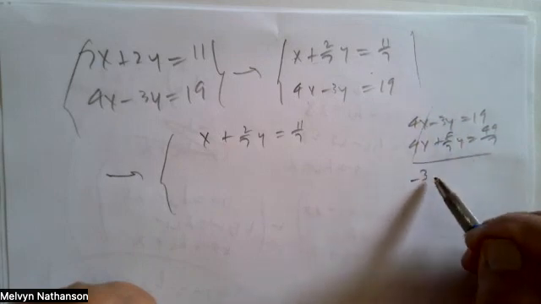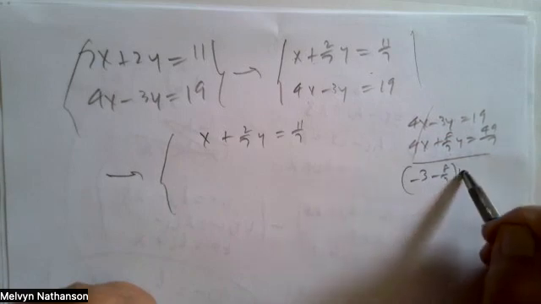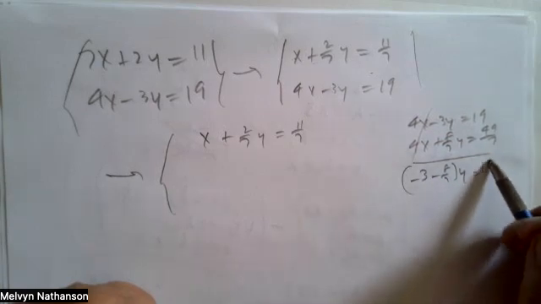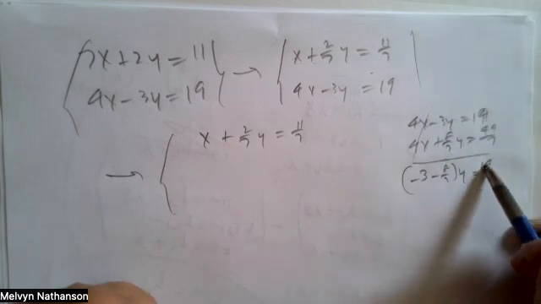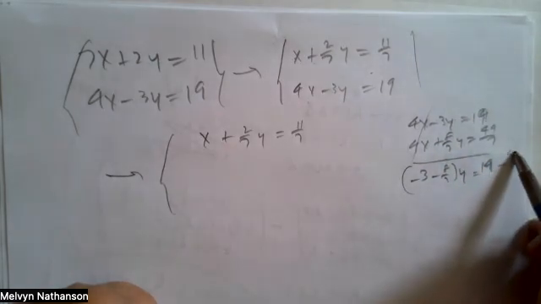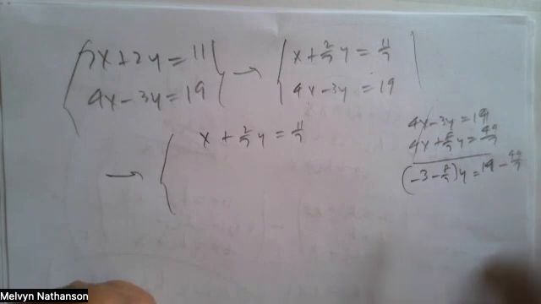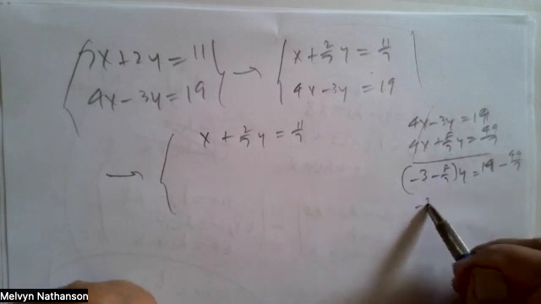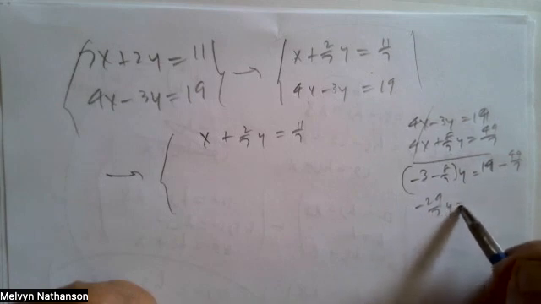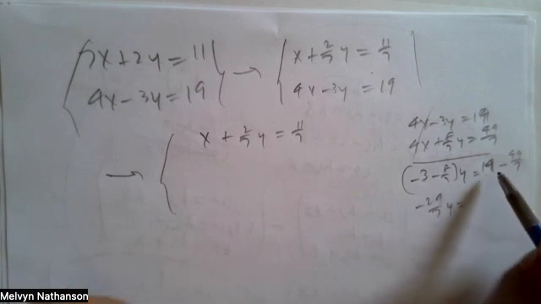I get minus 3 minus 8/7 y equals 19 minus 44/7. So, you know, I have to deal with fractions. This is 24, this is 21/7. So this is minus 29/7 y. Let's see, what's 7 times 19?